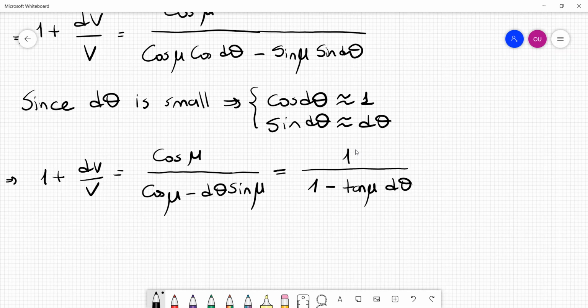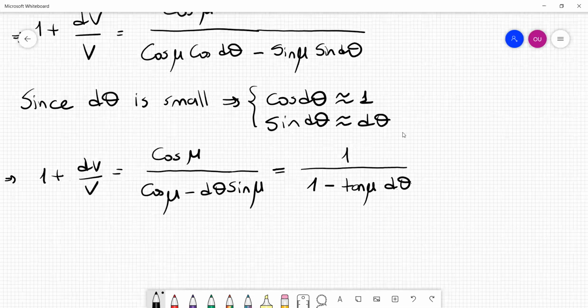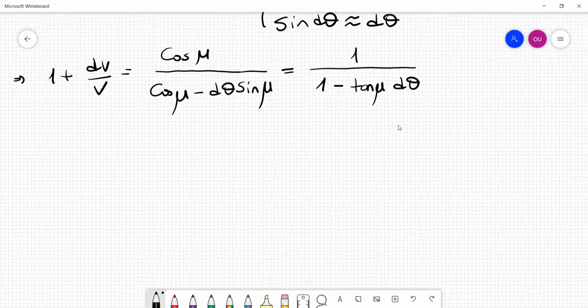So I have an equation for this infinitesimal change in velocity, written in terms of the Mach wave angle and this deflection angle d theta. We'll keep going. If I just call this tangent mu d theta as x, it looks like an equation like 1 over 1 minus x.